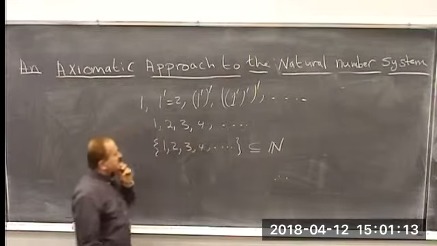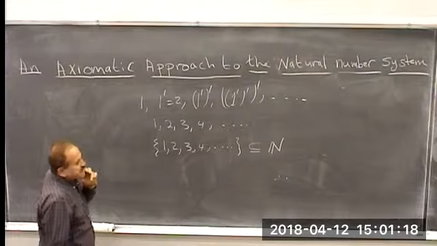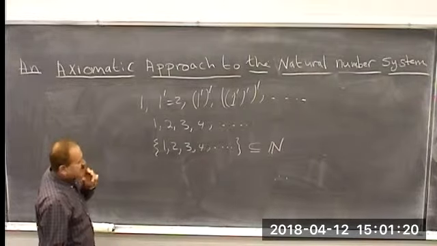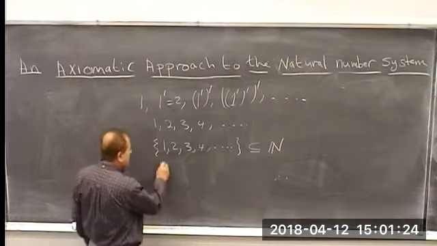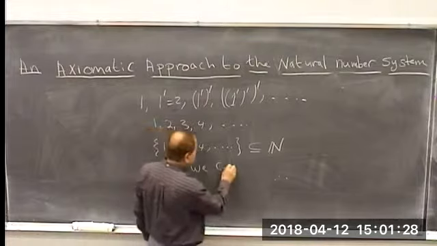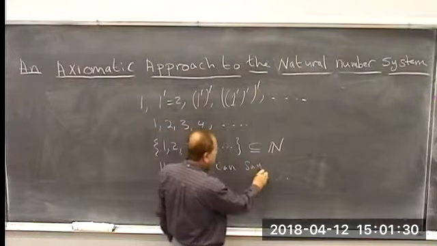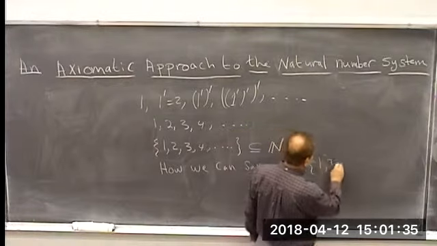The question is, is this it? How would we know that? How can we say that N is in fact equal to 1, 2, 3, and so on?